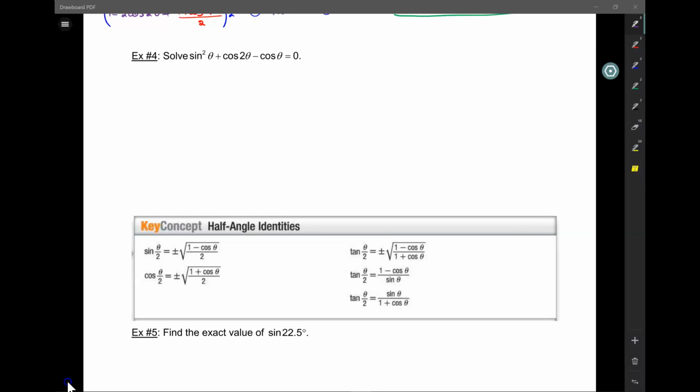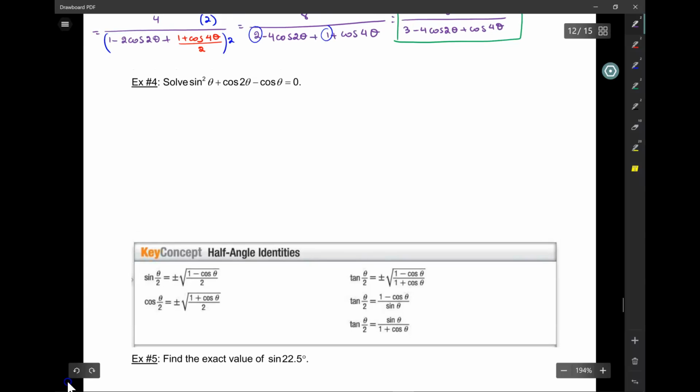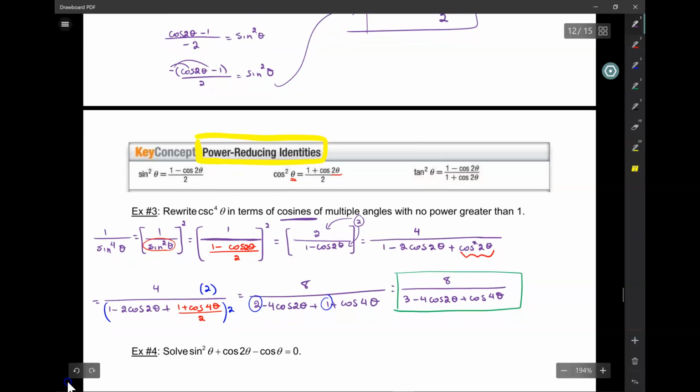So there is a lot happening here, okay? Now, the bigger issue to deal with is that you have a sine mixed with some cosines, okay? So for this one, we are going to use one of the identities here.